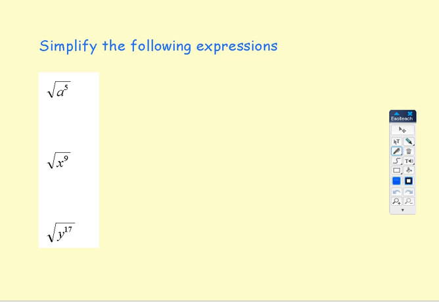Okay, so let's break down a couple other ones. We've got the square root of a to the fifth. We could say that is the same as the square root of a to the fourth times the square root of a. And we remember from simplifying radicals with even exponents, the square root of a to the fourth is a squared. That's a perfect square.